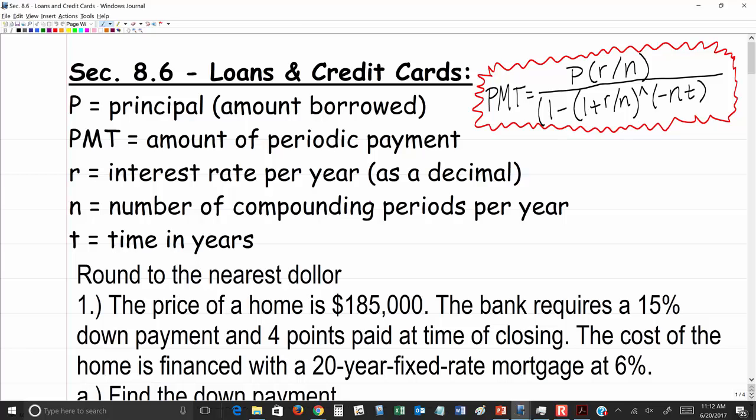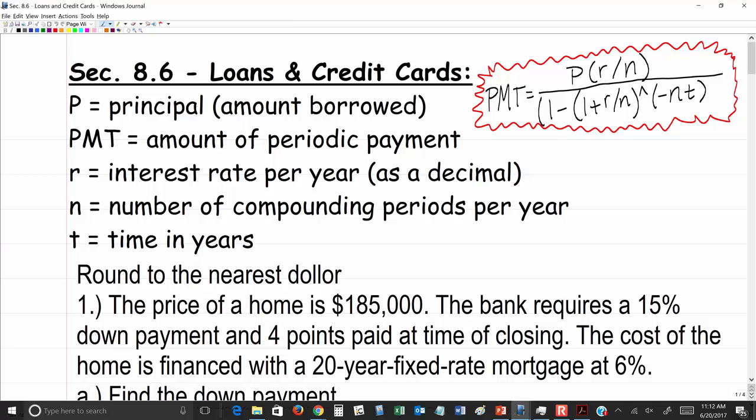And you'll notice that it's given in the form of payment equals, and then in the formula you have P, which stands for principal. Loans always have a principal because that's the original amount that you're borrowing.